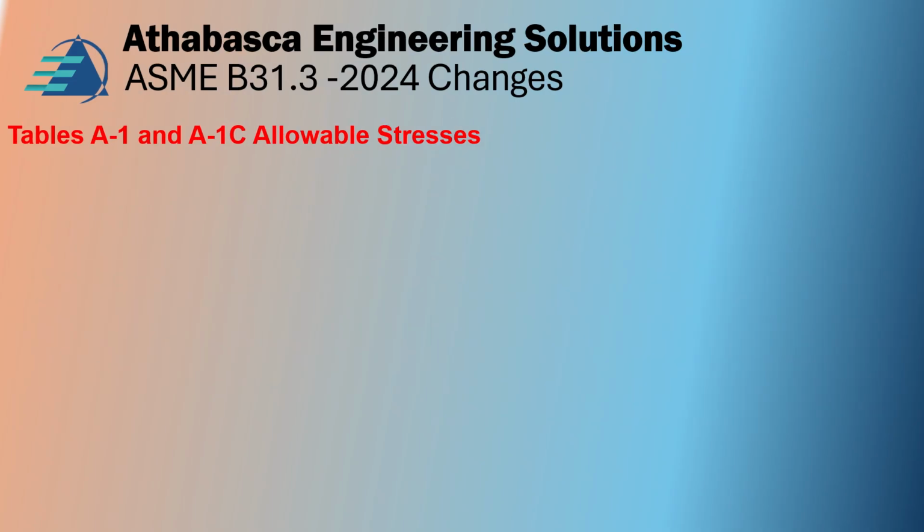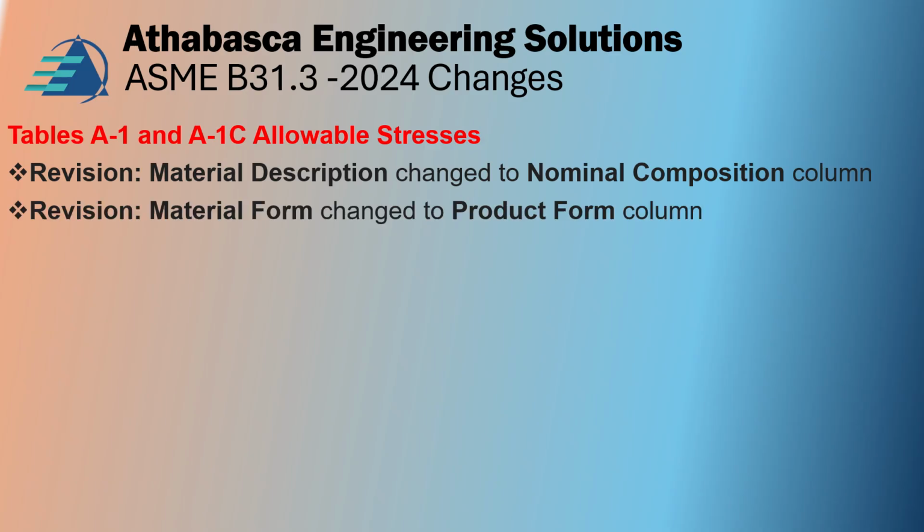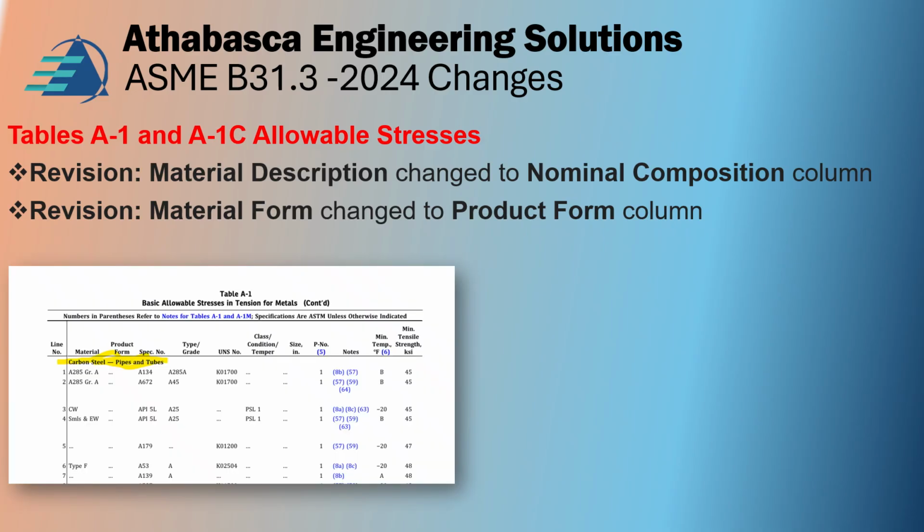The allowable stress tables have had some subtle changes. The first thing is the material description, the rows that we saw in the 2022 edition, have now changed to a nominal composition column. And the material form, which is whether it is a pipe or a plate, has now changed to a product form column. You can see it here.